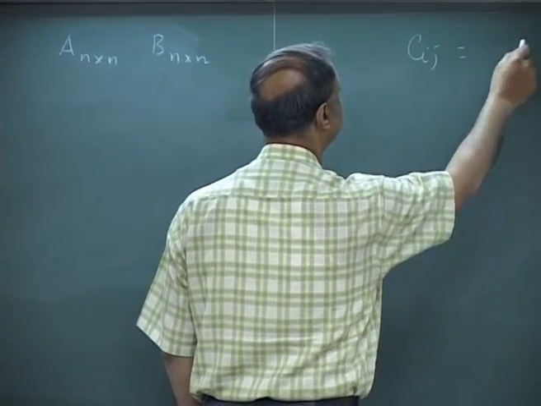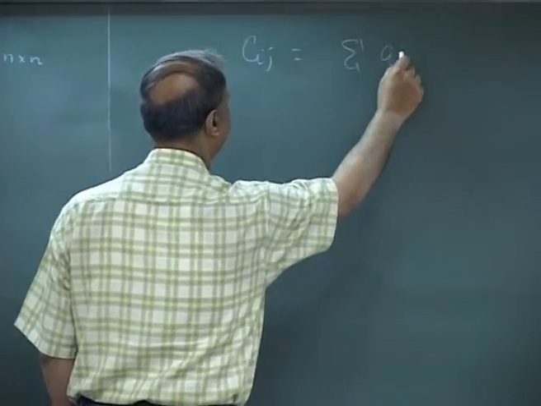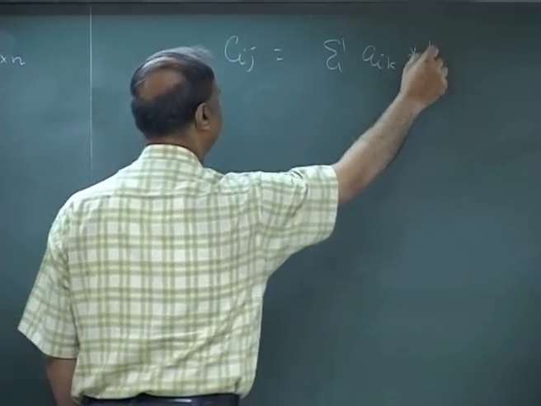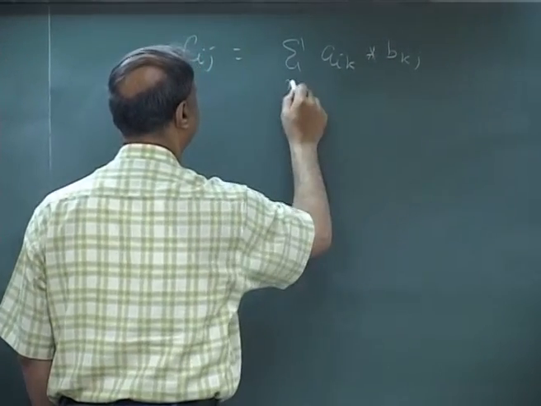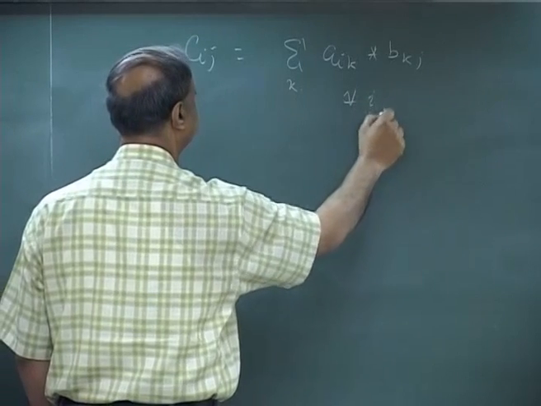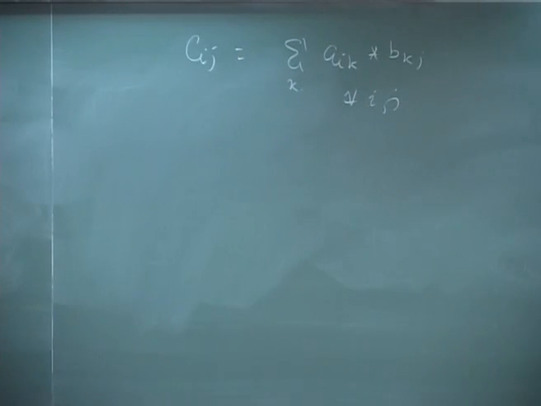Cij is equal to the summation over k of Aik times Bkj, for all i and j. That is n cube multiplications that you need in the classical algorithm.